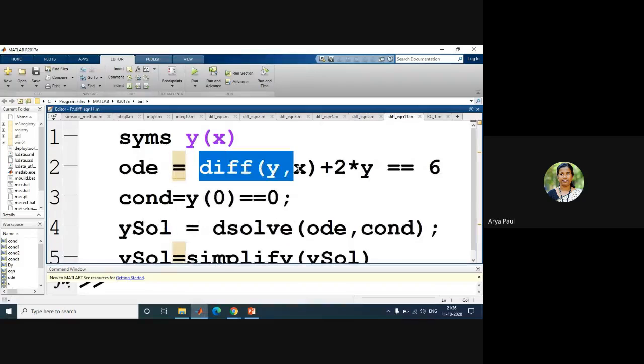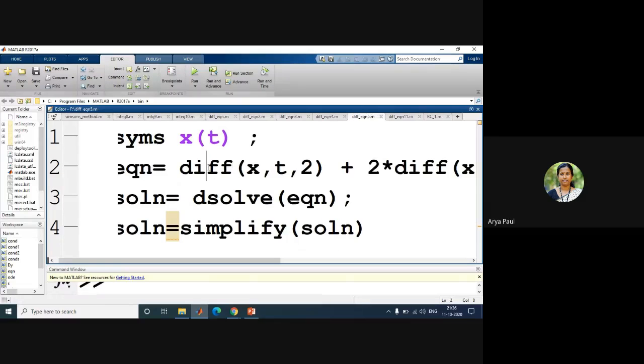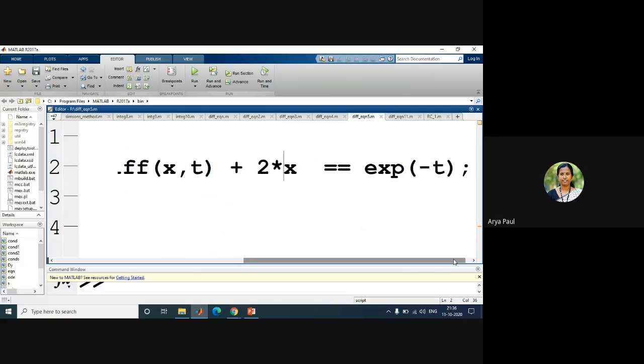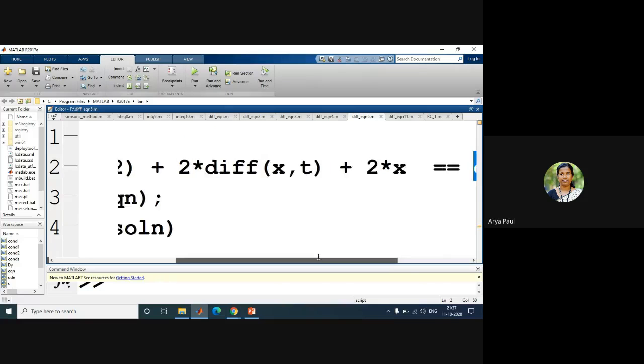In the ordinary differential equation, you use diff of x comma t comma 2 for the second order, plus 2 into diff of x comma t, that means 2 into dx by dt, plus 2x equal to e raised to minus t. E raised to minus t is exp of minus t.